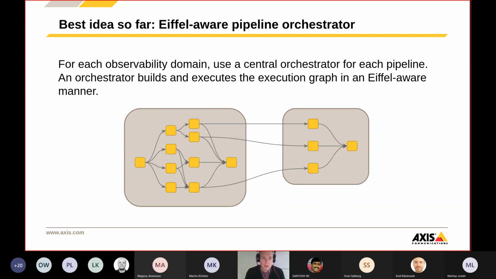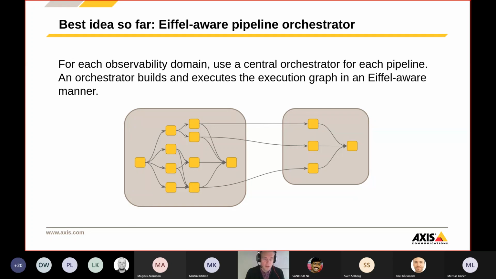But to properly handle errors, we feel that we need to have that central orchestrator, or at least someone that has the whole execution graph as that observability and would be able to figure out that if we get a failure in one place, how is that going to affect the end results? What are the end results anyway? And when would we have to signal a failure to whoever initiated the build?